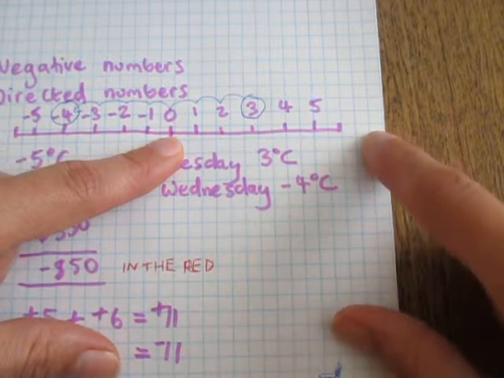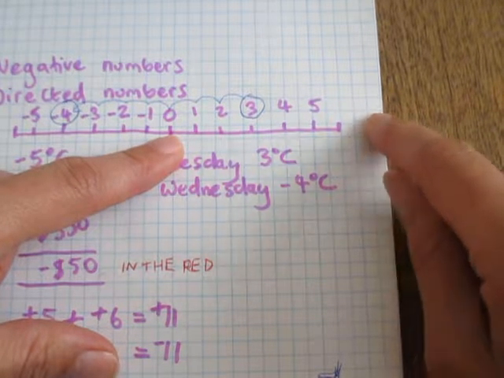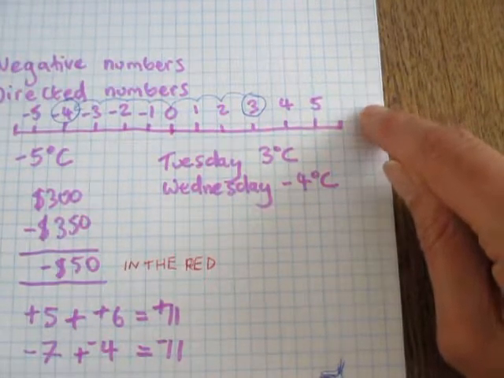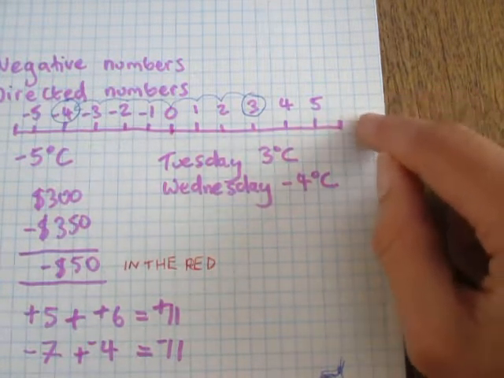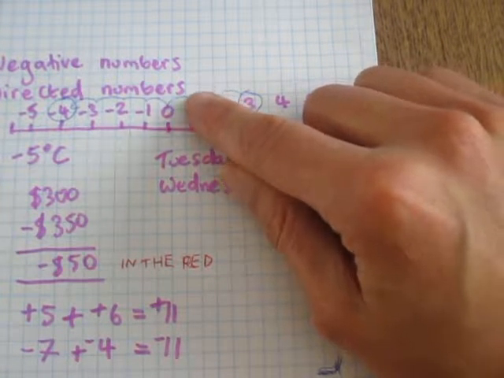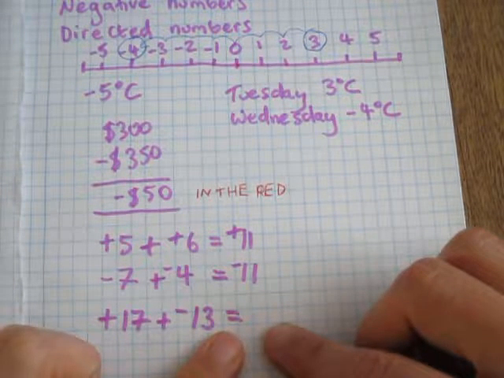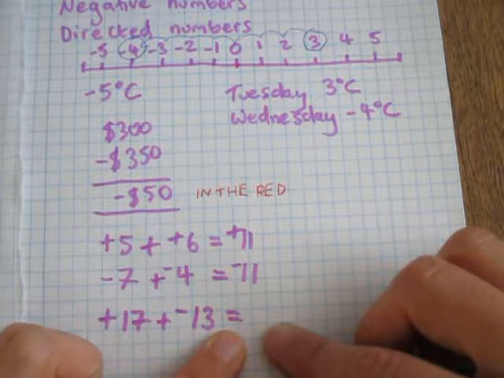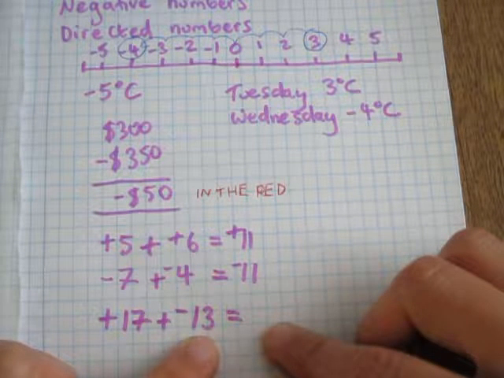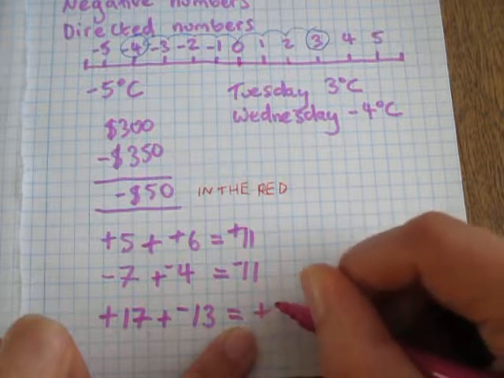And minus 13 has a direction this way. So we count back from positive 17: 17, 16, 15, 14, 13, and we go all the way down to positive 4, because the difference between 17 and 13 is 4. So we know the answer is positive 4.